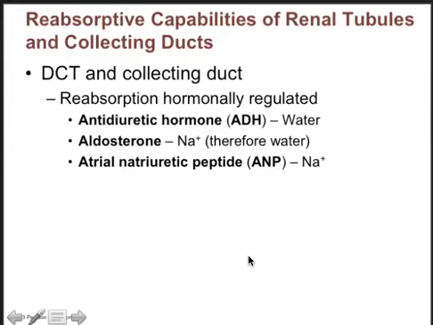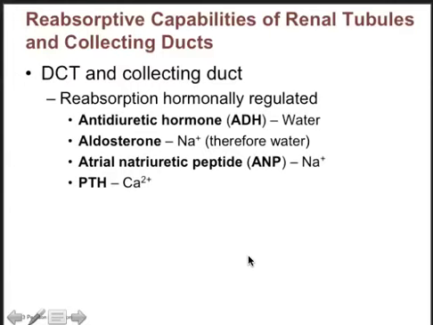Atrial natriuretic peptide causes sodium to be secreted, and as a result, this lowers blood volume and blood pressure and increases urine volume. Parathyroid hormone causes calcium to be taken from bone and put into the blood plasma. Okay, this is one of the ways that we control blood calcium levels.